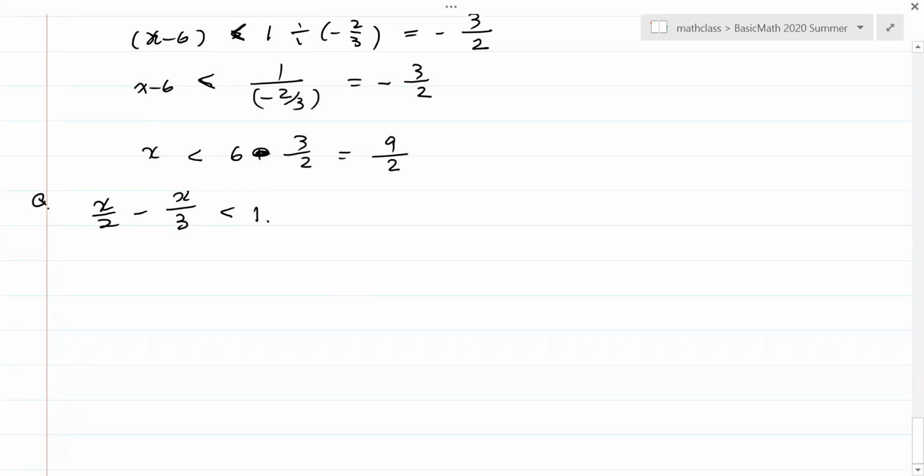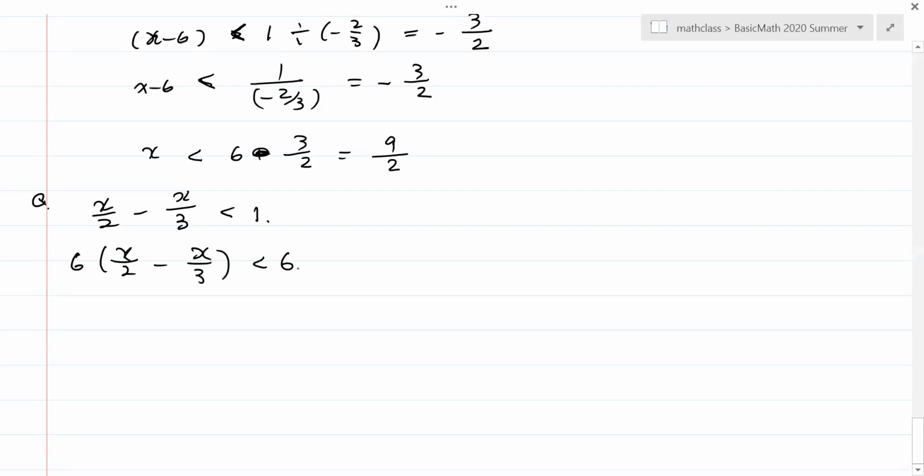All right. Okay, good. So actually, you see, the equation itself is simple, just the coefficients are complicated, the 1/2 and the 1/3. So my suggestion to you is to just multiply by 6 on both sides.